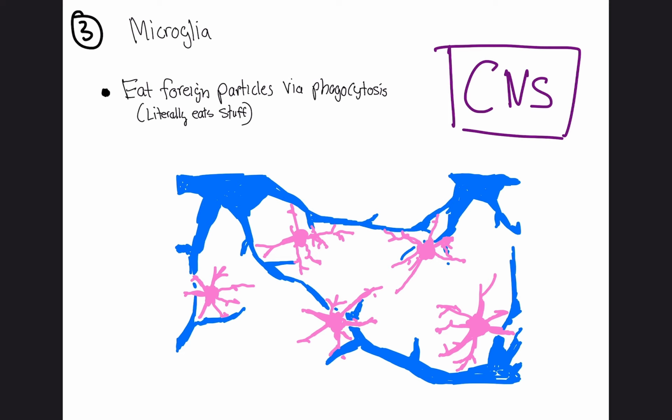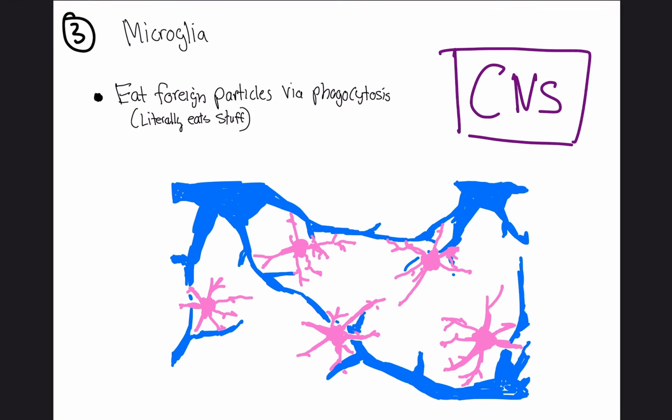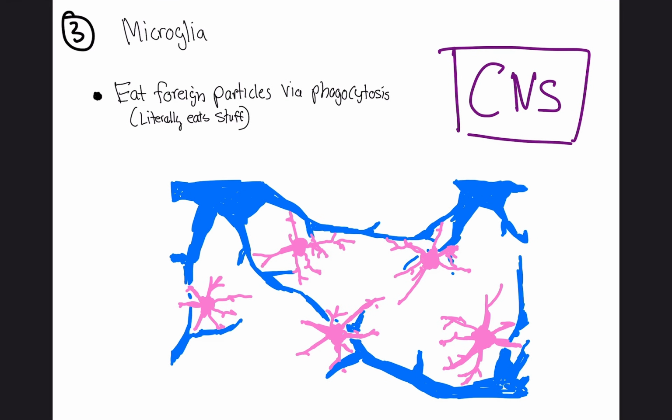They eat foreign particles via phagocytosis, so it literally eats stuff. These cells eat whatever they find that's foreign, if it's a bacteria, if it's dust, for example. Anything that doesn't belong where the neuron is, it'll come and engulf it and digest it. It's only located in the CNS.